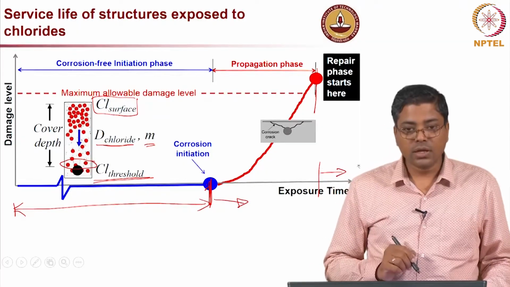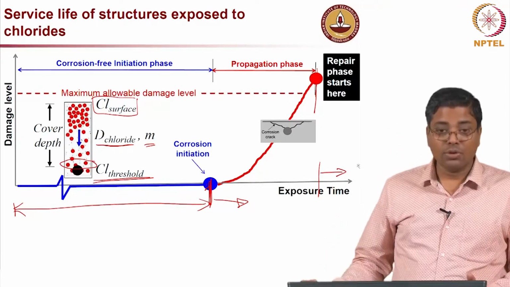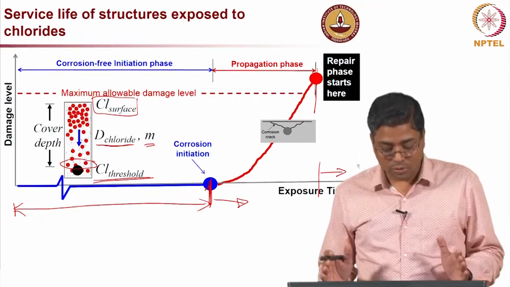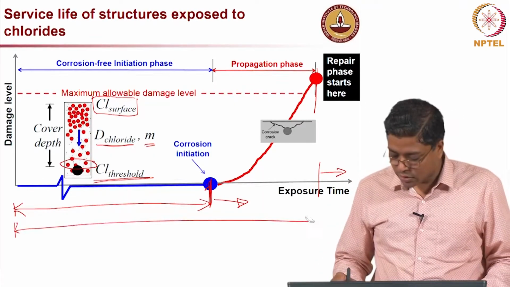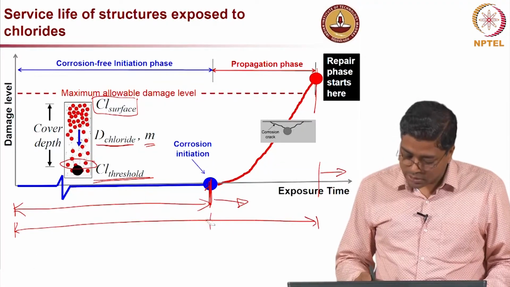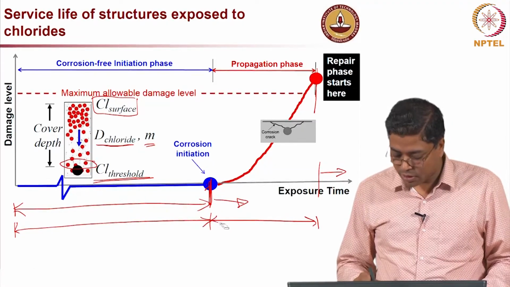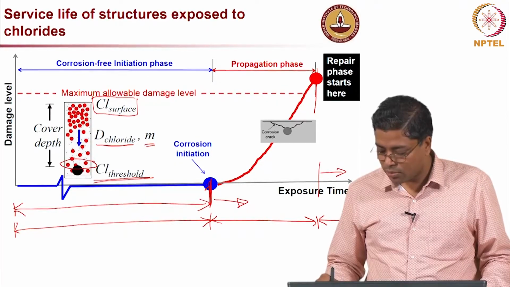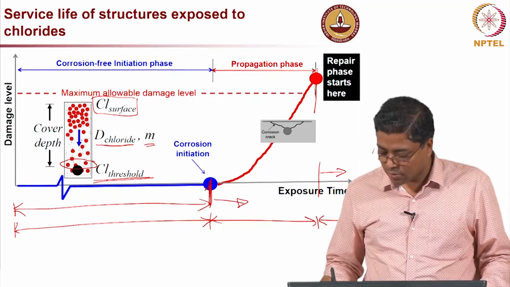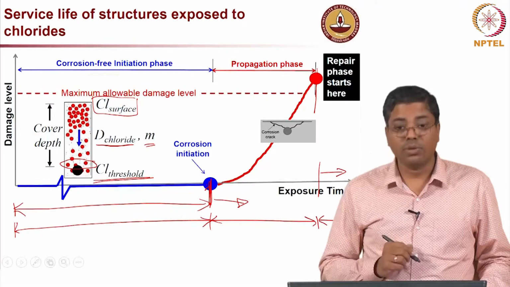Now, we have to see how to build durable structures, which is mainly a phase from here to here, or some people say it is up to here, and then you have the propagation phase, and we also have to worry about this time here, the time for durable repair.